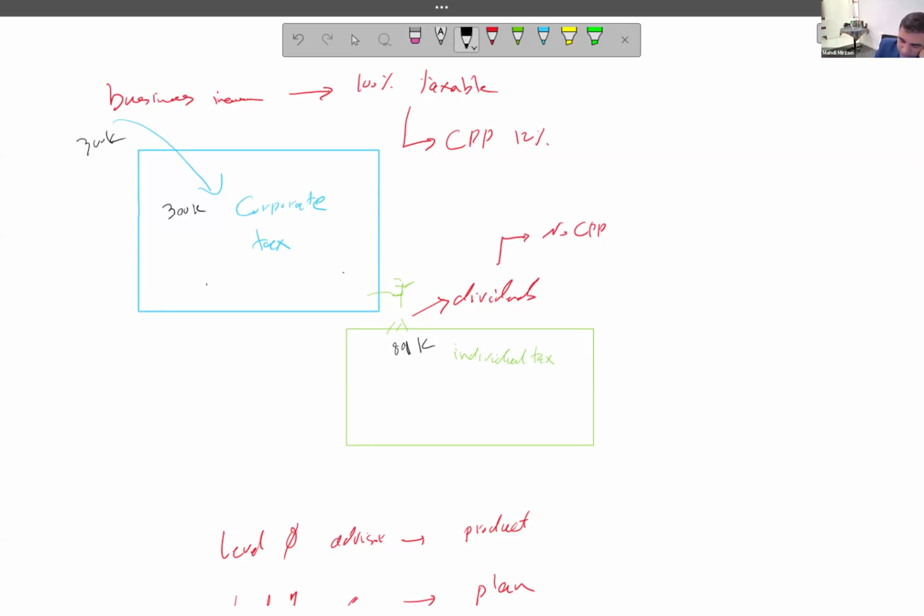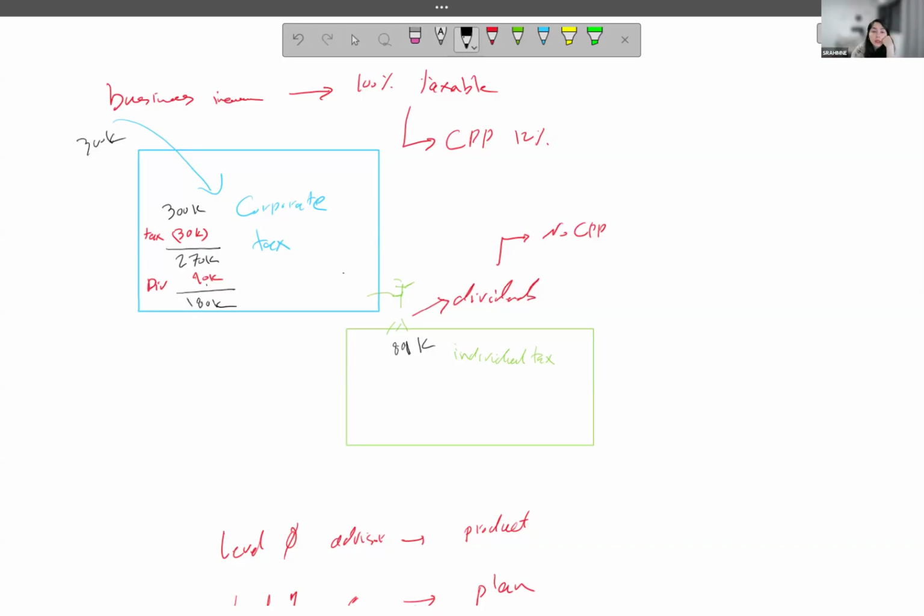Now they have to pay taxes. Let's say that they paid $30,000 tax to make it easier to understand. So how much is left? $270,000. And they paid themselves $90,000 dividend. So how much is left in the corporation?